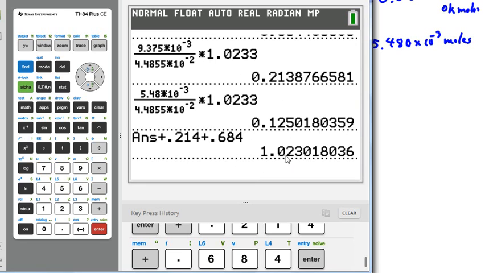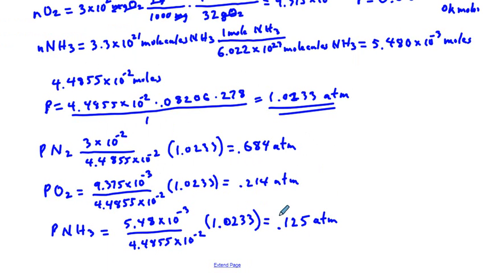Yes, we get 1.023, not 1.0233, but close to it. So these are going to be our answers here for our partial pressure of nitrogen, partial pressure due to oxygen, and due to ammonia. So I hope this has been helpful to you.